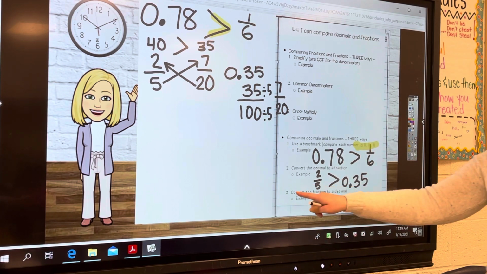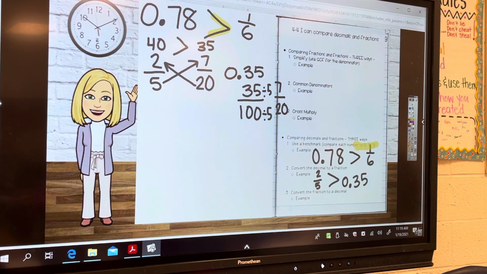Now, number 3, convert the fraction to a decimal. This is the one that your classmates had not done before, okay? So I'm going to assume you have not converted a fraction to a decimal before. Is that true? True? So we're going to take baby steps at a time.